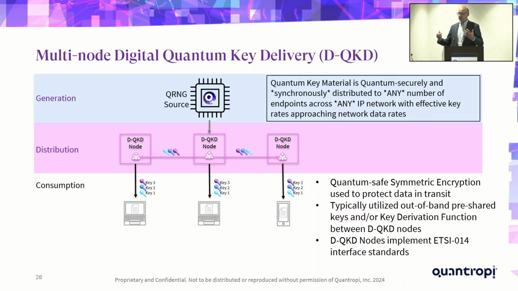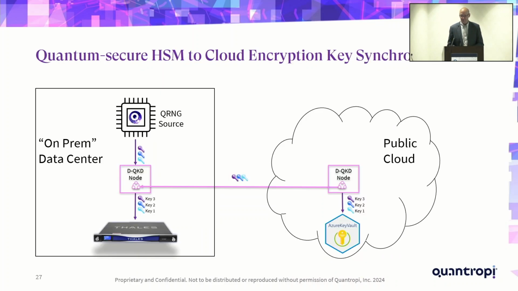It opens the utility of this entropy distribution to more endpoints, which is the ultimate goal, because we want better key security. And this is a use case. This is actually one that came from a bank, where they have a team of encryption and cryptographic security people whose whole job is synchronizing keys between on-prem HSMs and cloud, right?